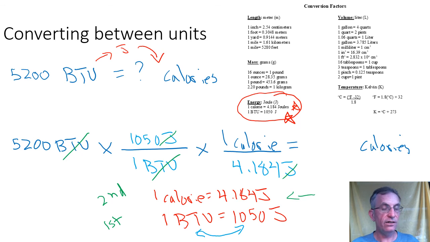All right, so if you type this in on your calculator, you're going to get 5,200 times 1,050 divided by 4.184. If you do it and you round it correctly, this should be the answer. It should be 13, and then you need 5 zeros, I think. You should be getting that. You might want to double check.